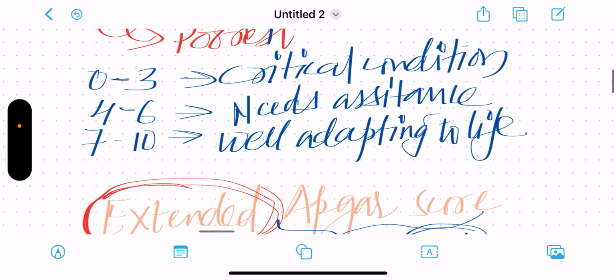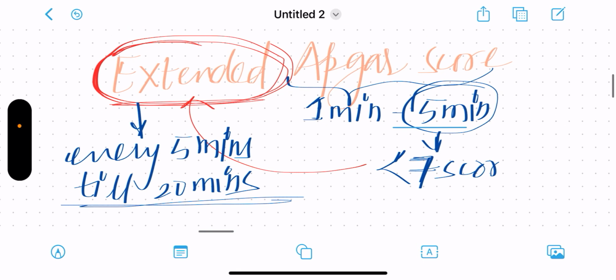Now we have to understand one thing, that there is something called the extended APGAR score. What is this extended APGAR score? It is when we do the APGAR score 5 minutes after birth and the score comes below 7, we have to do the extended APGAR score.